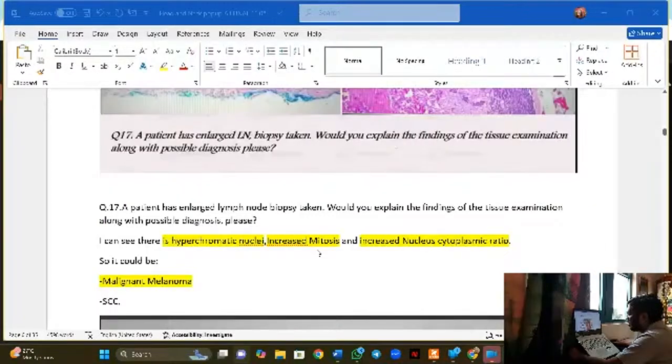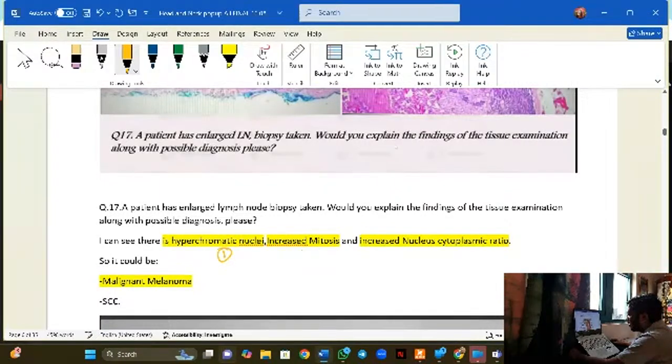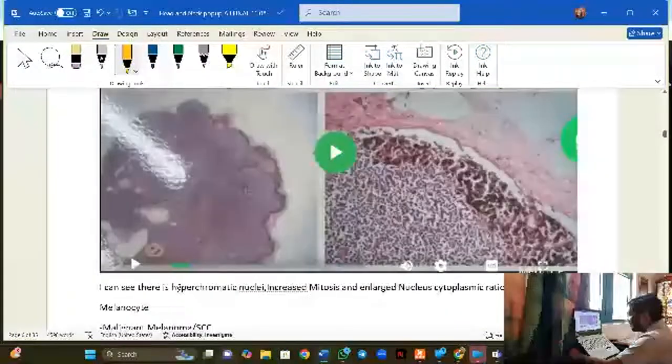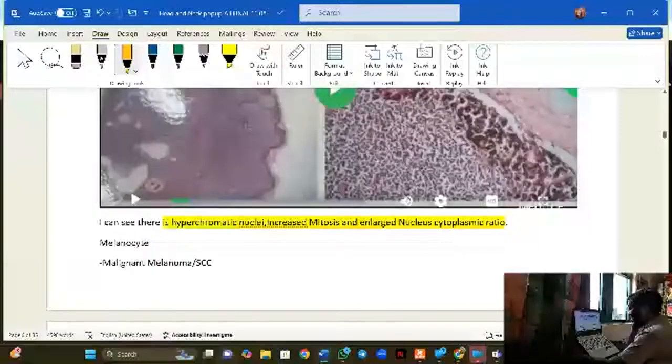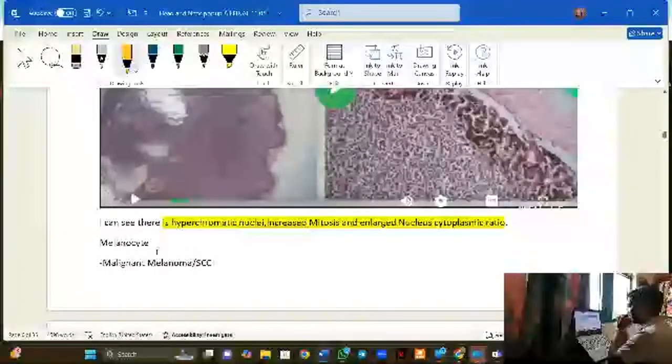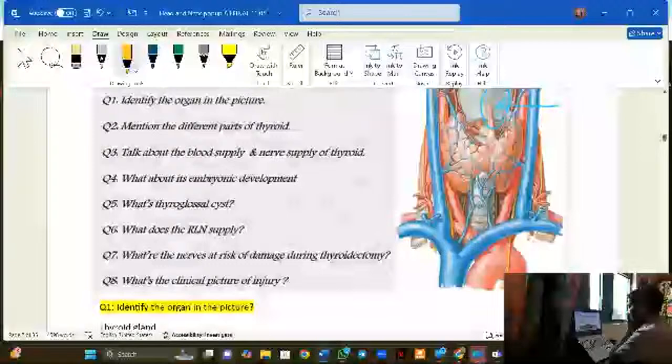Otherwise, I don't see any difference. These are signs of malignancy. So it could be malignant melanoma or squamous cell carcinoma. So we will go very rapidly. These are all repeated, multiple repeated.